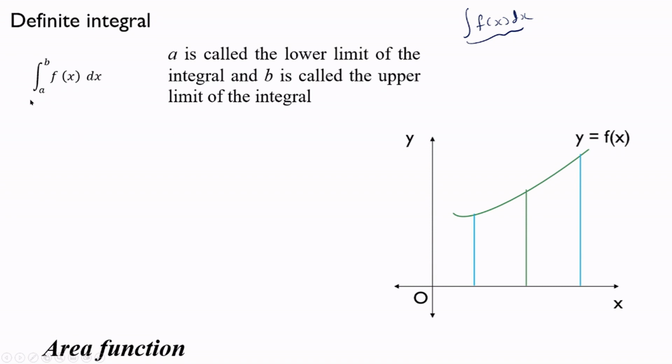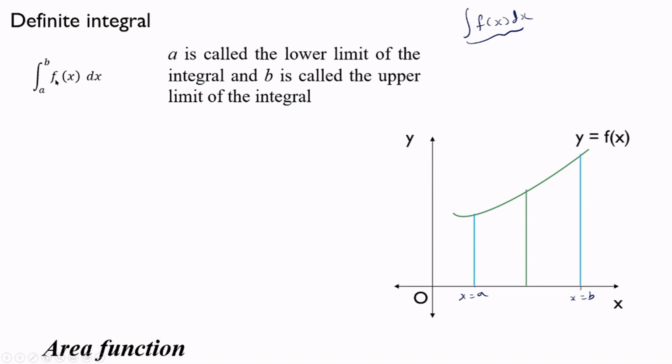Now what is the meaning of this integral a to b f of x dx? Say for example, if we have this point as x equal to a and this point as x equal to b, and this is the curve y equal to f of x.